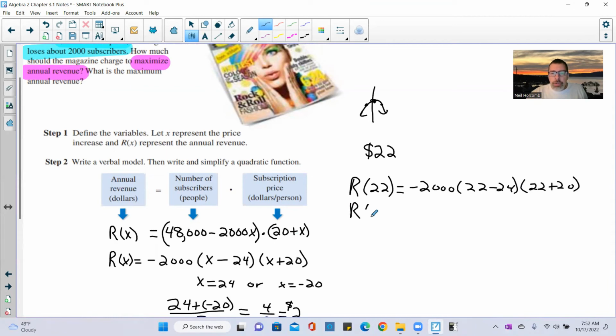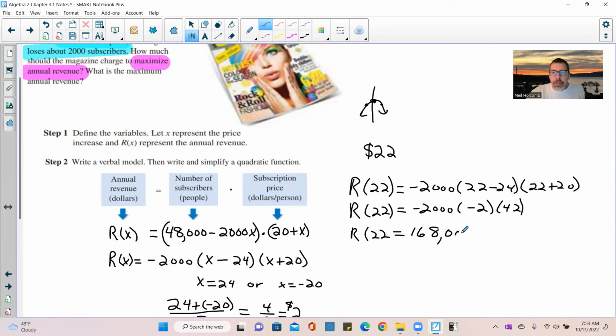So R of 22 is going to equal negative 2,000, and 22 minus 24 is negative 2, and 22 plus 20 is 42. Okay, so R of 22 is going to equal, a negative times a negative is positive, 2,000 times 2 is 4,000. 4,000 times 42. 4 times 2 is 8. 4 times 4 is 16.